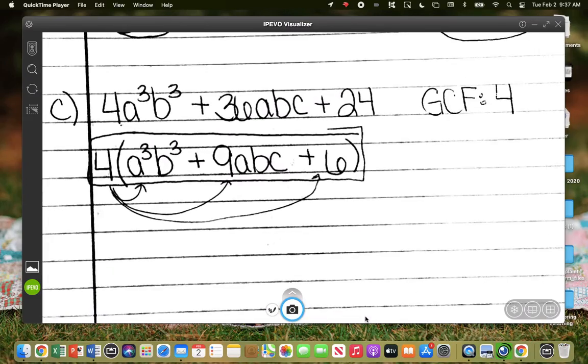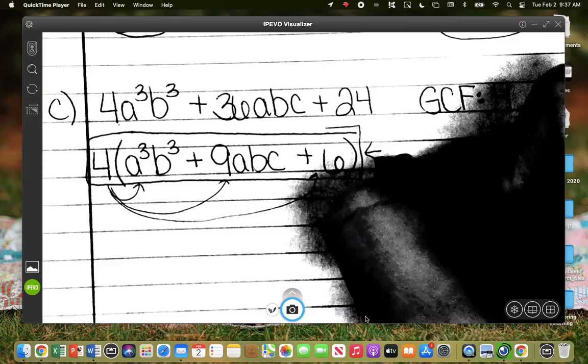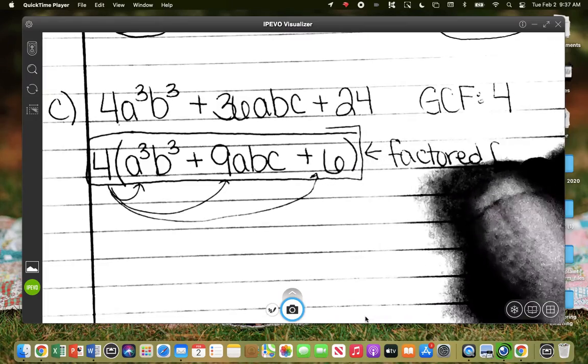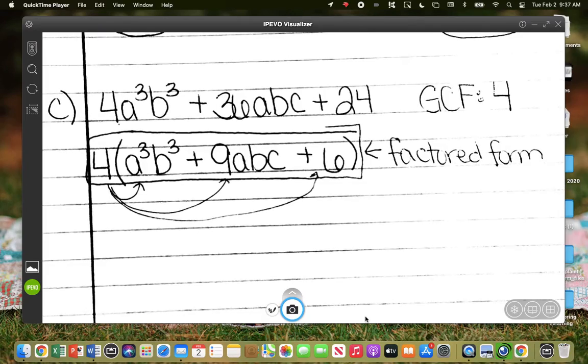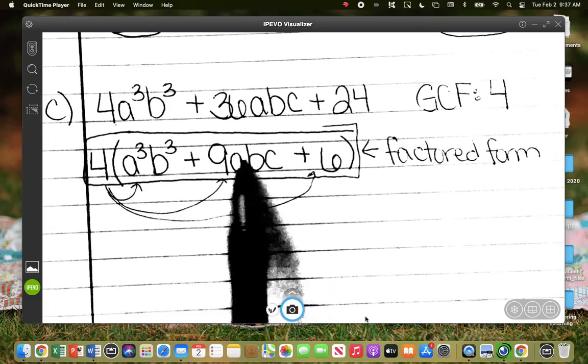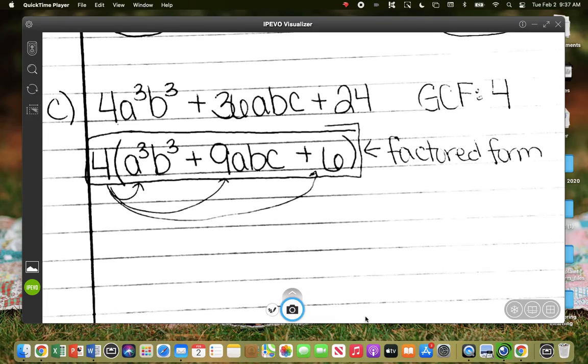And so this is what we call factored form. So if you see something where it says factor the greatest common factor, we're actually taking out the greatest common factor. So it's factored because we're saying this times this whole thing. So factors are when you split it up into multiplication factors, and this is what we're doing here.